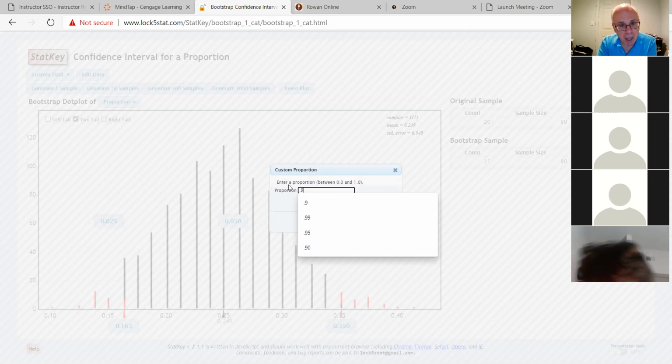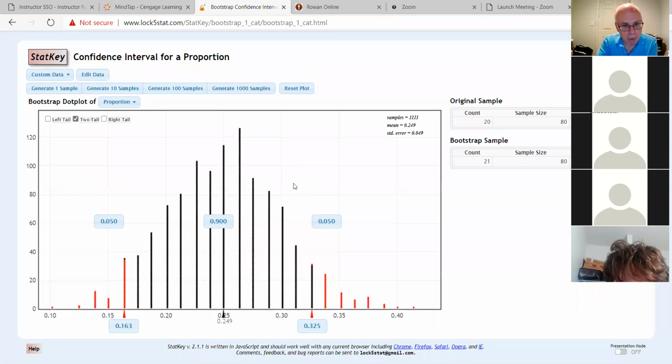They should have said, enter another confidence level in here instead of proportion, because it's confusing since we're dealing with proportions here. It's a bad word to use. But I'm going to put 0.9 for 90%. So this now represents a 90% confidence interval. And the numbers that we come up with now, notice the one on the left remains 0.163, but the one on the right is 0.325 now. That means the interval is naturally more narrow than it was before.